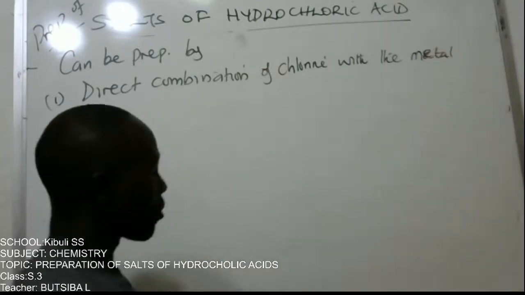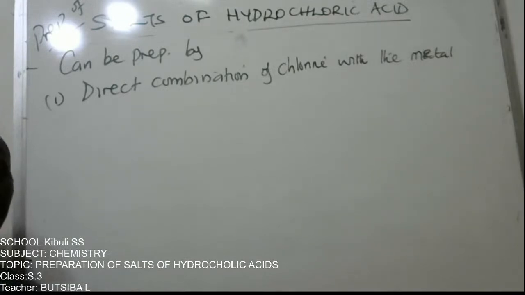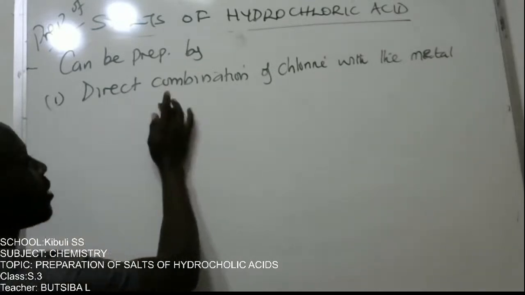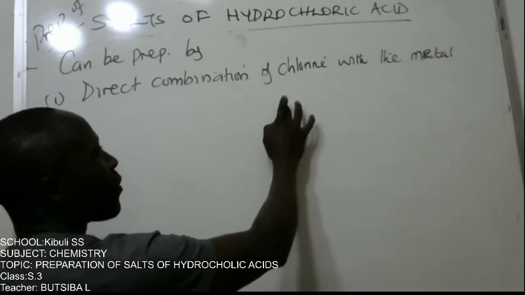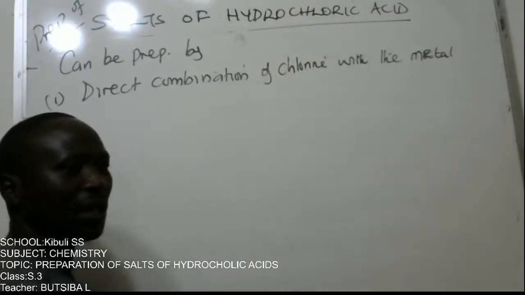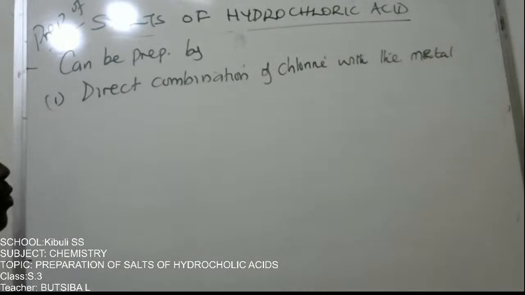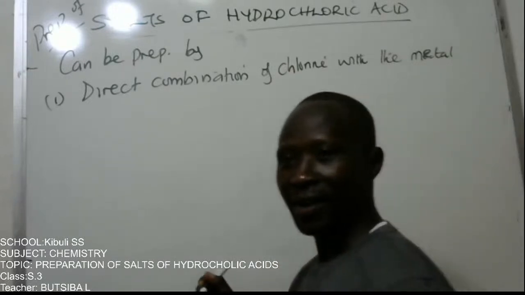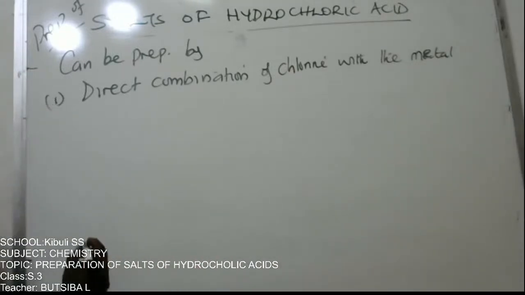And this is one method. So if I ask you to mention different types of methods of preparing salts, you just say direct combination. Now we are adding chlorine with a metal so that we end up getting the respective compound that we want. So this one is going to be true for all salts except, so what are the exceptions?